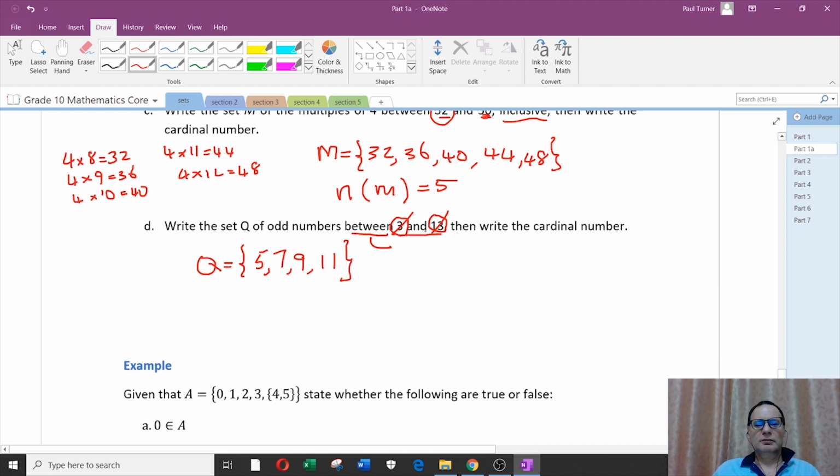So between means not including, or we could write exclusive. Excluding means excluding the end numbers. So 5, 7, 9, 11. So the number of elements in Q is 1, 2, 3, 4.